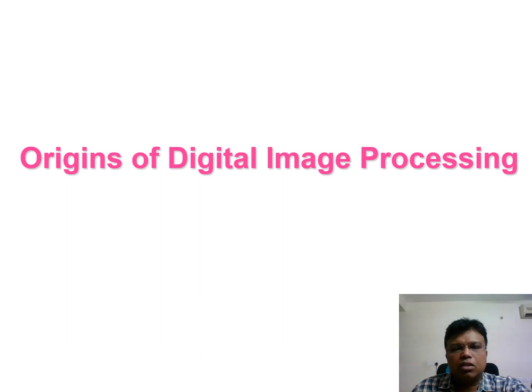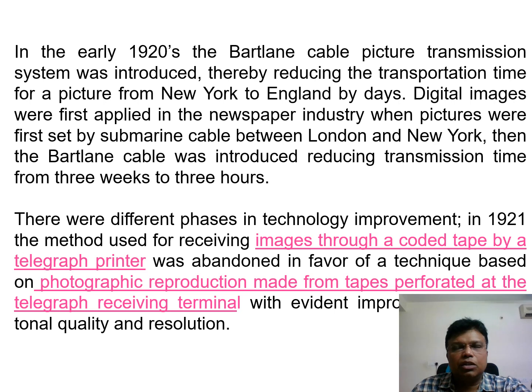So what are the origins of digital image processing? In the early 1920s, the Bartlane cable picture transmission system was introduced, thereby reducing the transportation time of pictures from New York to England. There were different phases in this technology improvement.